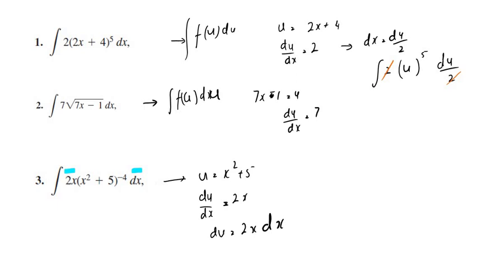So this is the function here. If we substitute it back, the integral 2x dx would be du. We take that as du, and that's your function du. And then we have u to the power minus 4, and we know how to integrate that.